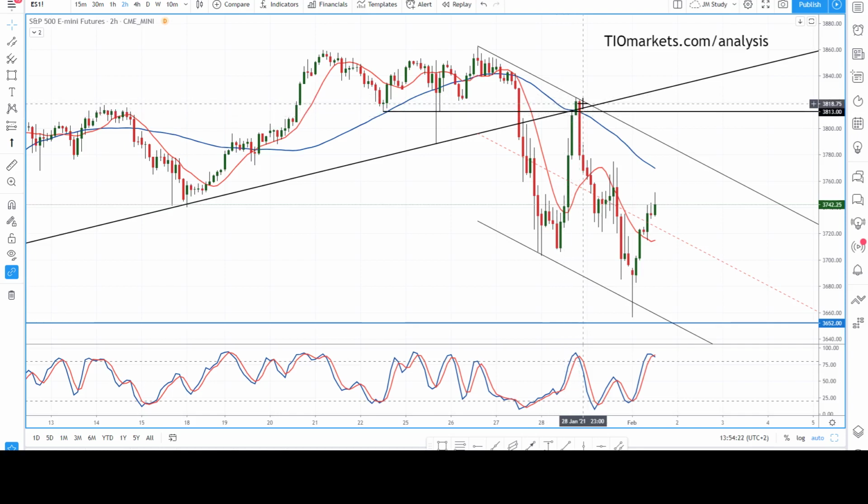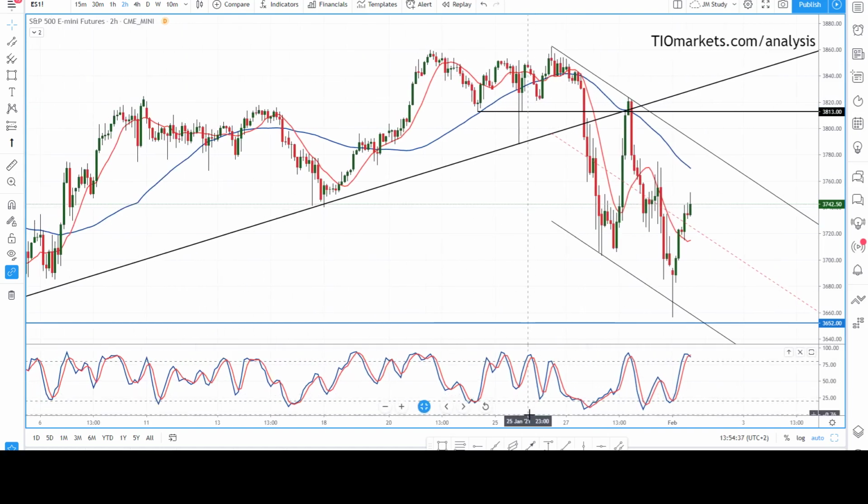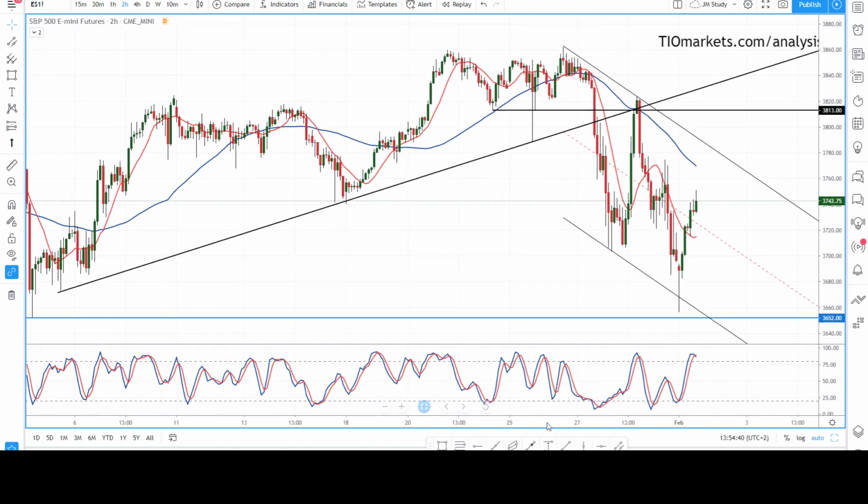And another way I want to add value to your trading is really I want to ask you to focus on levels where you have technical confluence, levels that have been important in the past and levels that have some significant technical factors coming together.